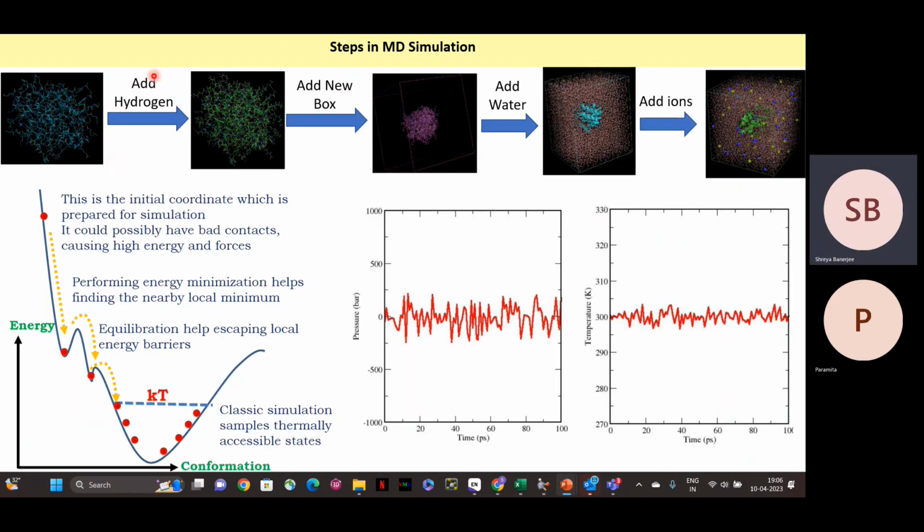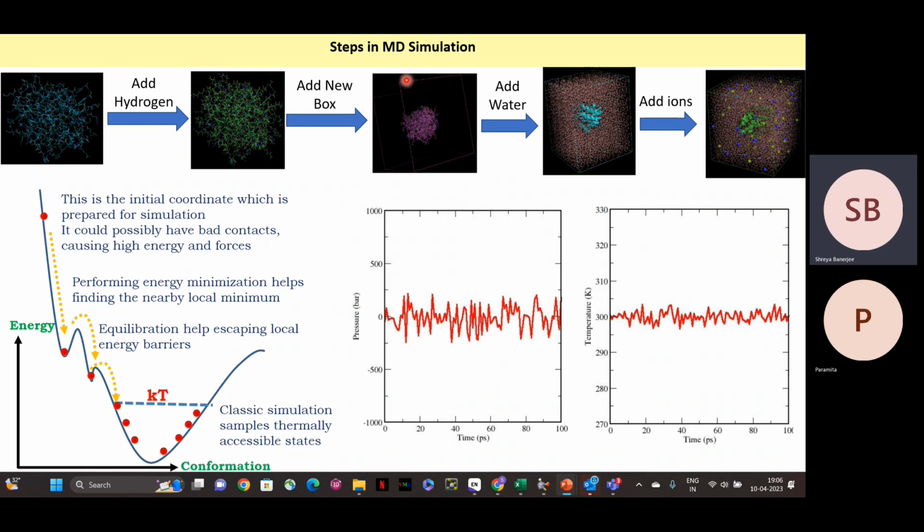So now we'll talk about the different steps in the molecular dynamics simulation. So in the first step, hydrogen is added. So if you have a PDB structure where hydrogen is missing in some of the atoms, firstly the hydrogens are added. Then a box is defined. So if you can see, there is an outline of a box here.